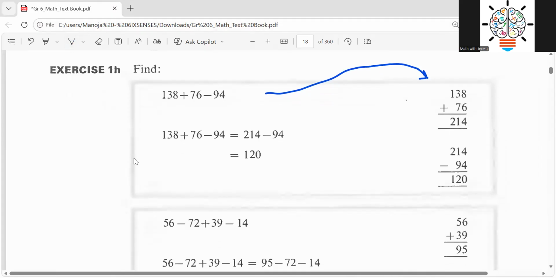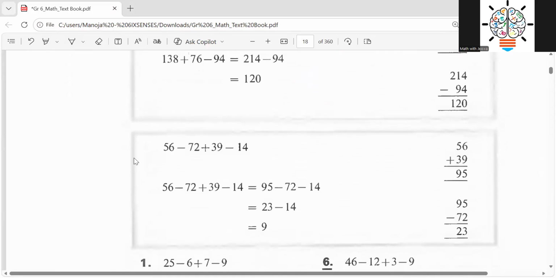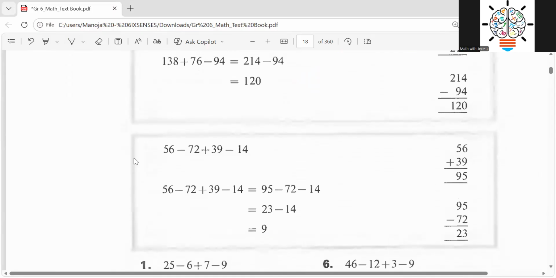Now you just move to the next example, children. You have 56 minus 72. Now what happened? Now you are supposed to subtract 72 from 56. In that case, what you are going to do, you rewrite the question. How can you do that?